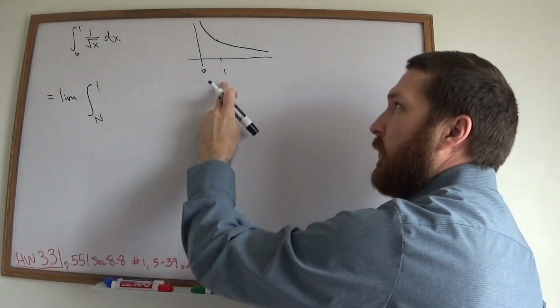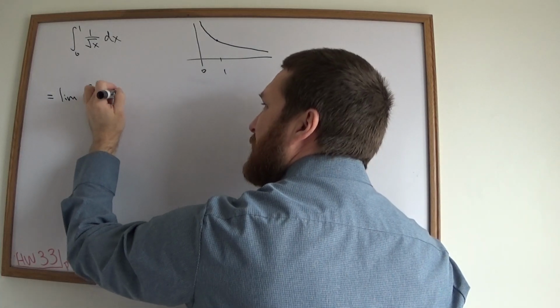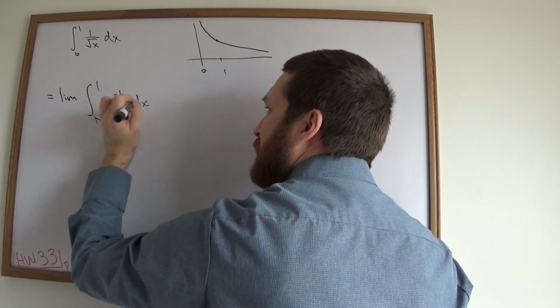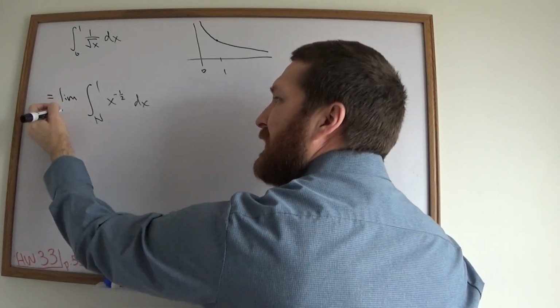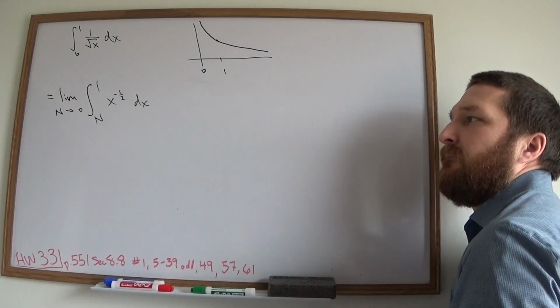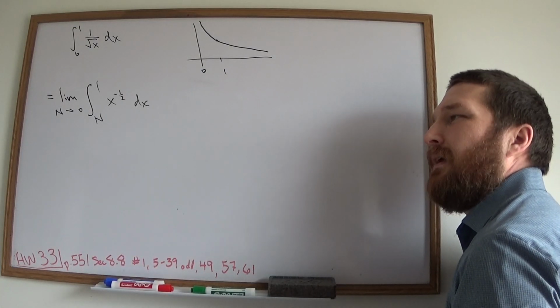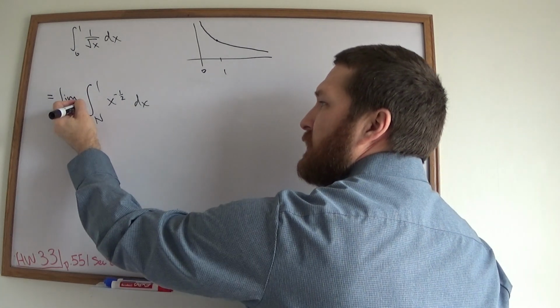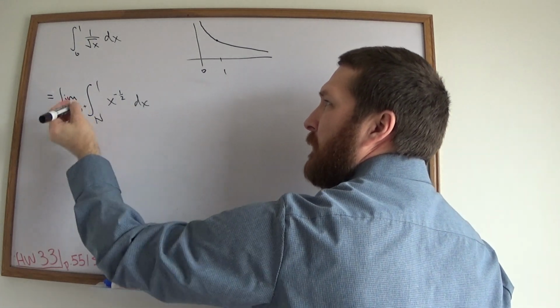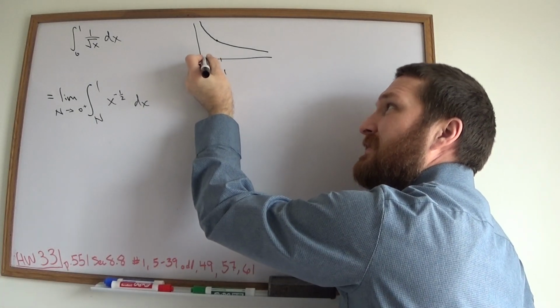There's no problem here at 1. 1 over root x, I'm going to rewrite that as x to the negative 1/2, because I'm doing integration. I'm going to take the limit as n goes to 0. You take the limit as it goes to the problem place, and in particular from the right, as we go in this direction.